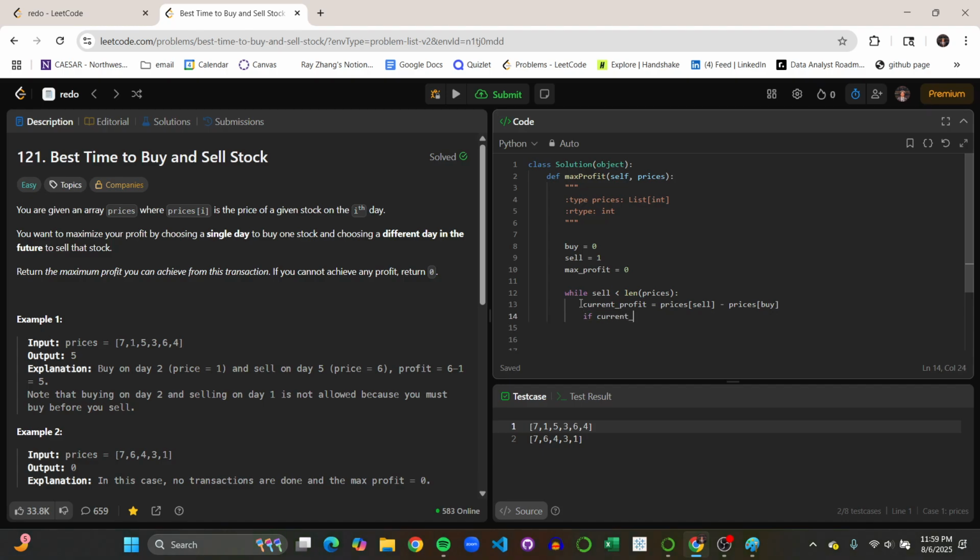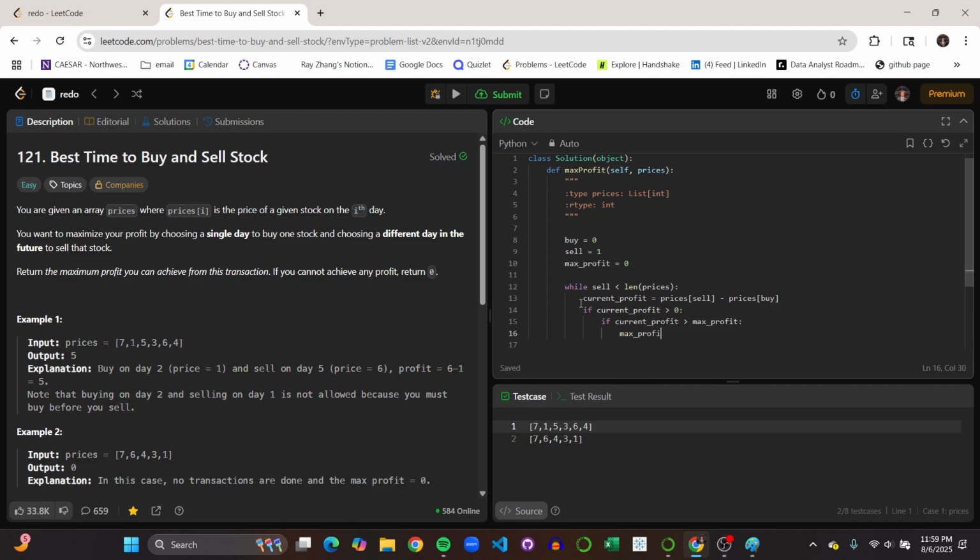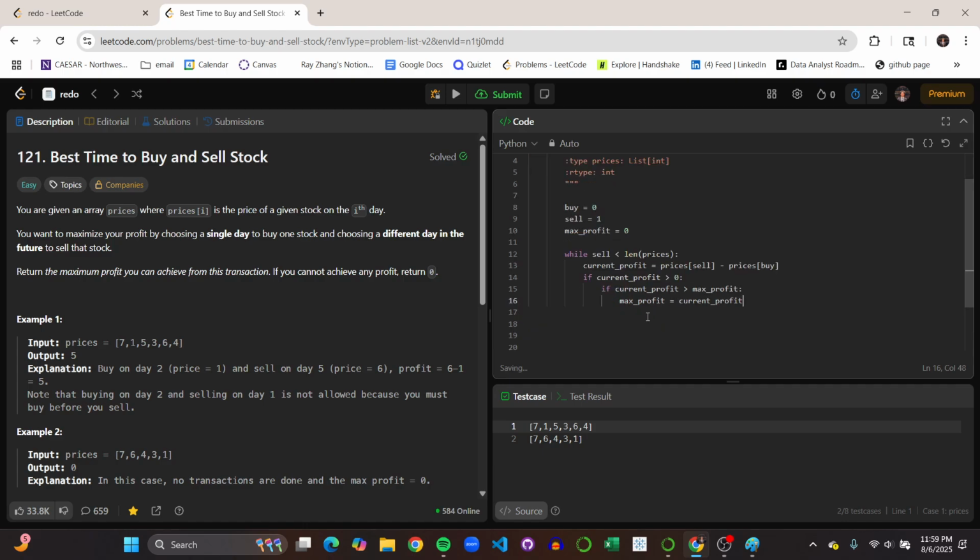And then we'll also say if current profit is greater than 0, and current profit is greater than max profit, max profit equals current profit. Additionally, if current profit is less than 0, that's how we know we found a local minimum, then we say buy equals sell.